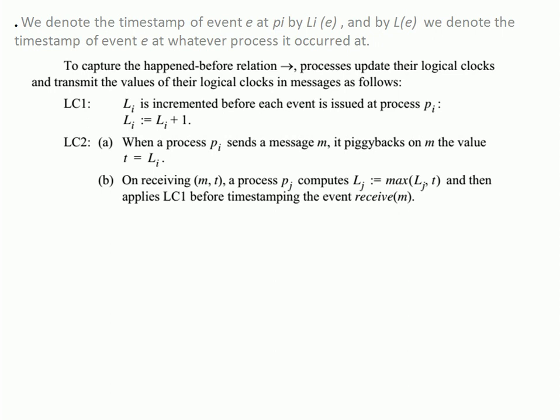On receiving (M, t), a process Pj computes Lj equal to the maximum of Lj and t, and then applies LC1 before timestamping the event of receiving M. When sending from one process to another, the other process takes out the time on receiving (M, t), compares the previous timestamp with the present one, takes the maximum as the updated value, and that is used when M is received.